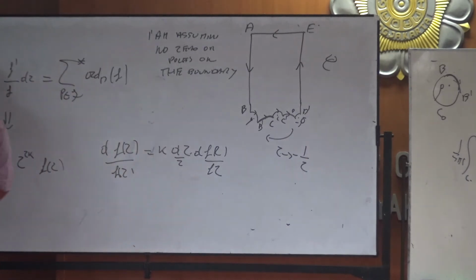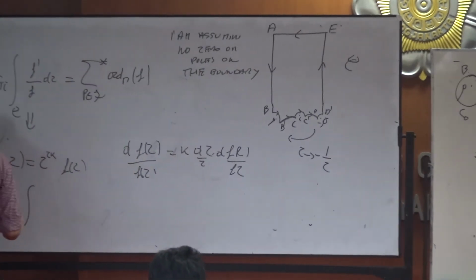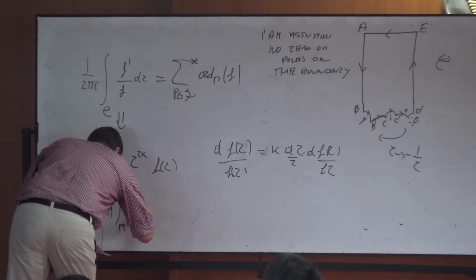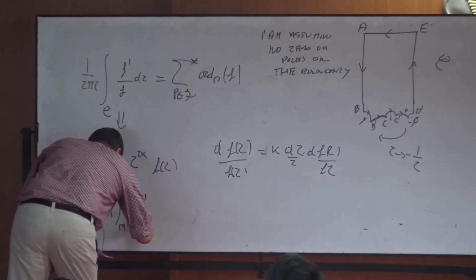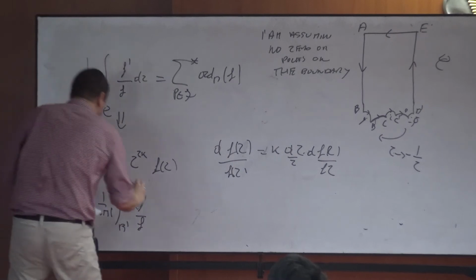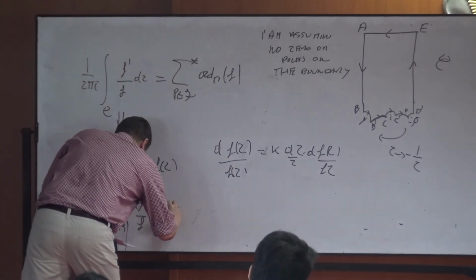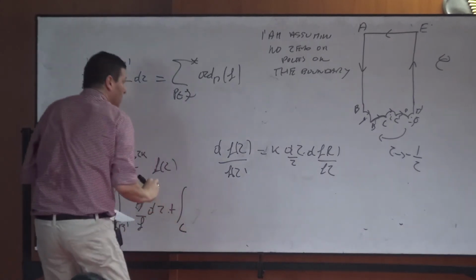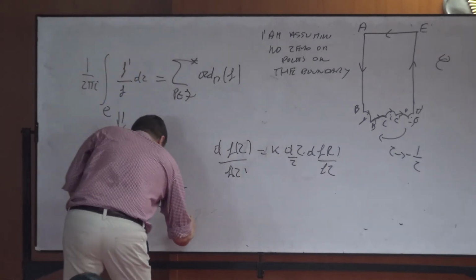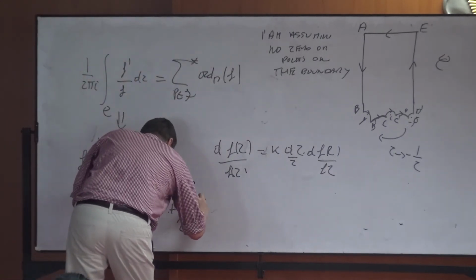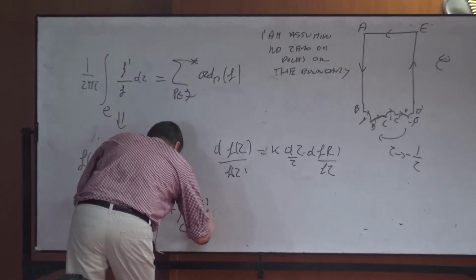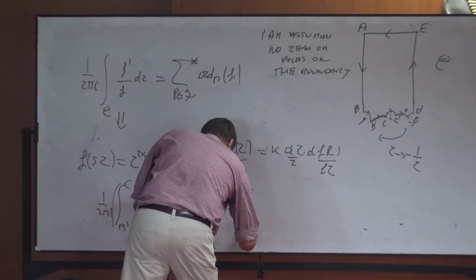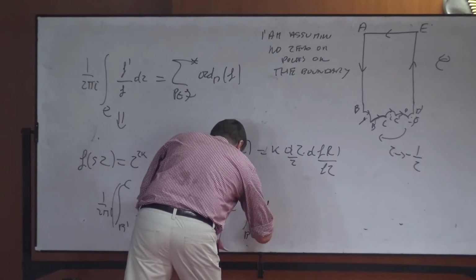So in the end, what you get is that the integral 1 over 2 pi i from b prime to c of f prime divided by f, d tau, plus the integral from c prime to d, this is just the integral from b prime to c of df over f.